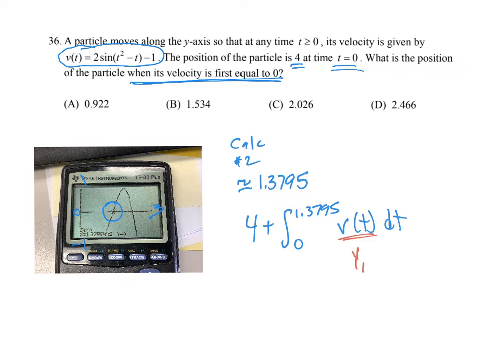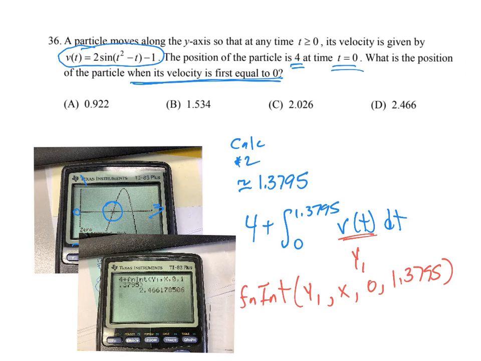Because I have the old calculator, I'll show you a picture here. I'm going to do fn int. I'm going to put y1. I find that in the vars menu. My variable is going to be x, and then my numbers are 0 and 1.3795. And I'll calculate that. I'll take a picture so you can see what I typed in, and then we'll choose our choice.